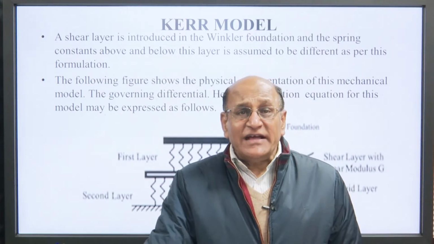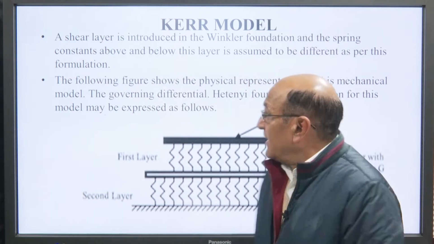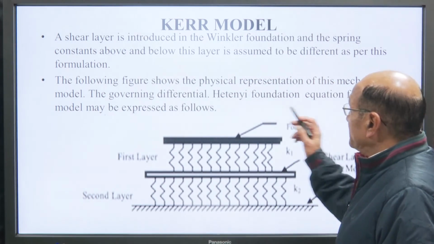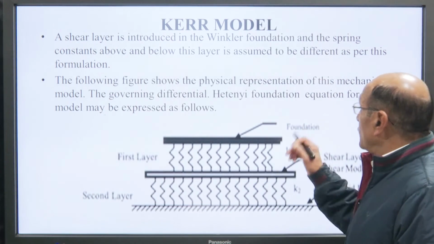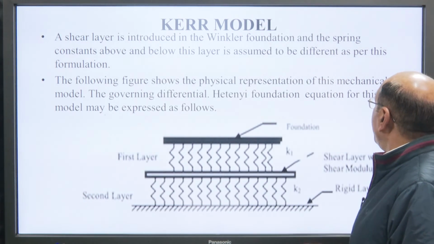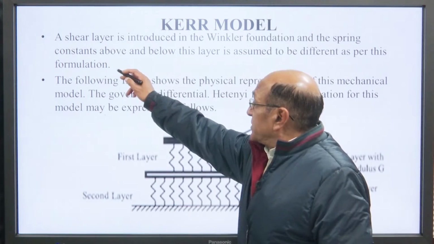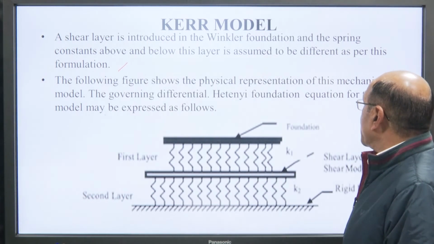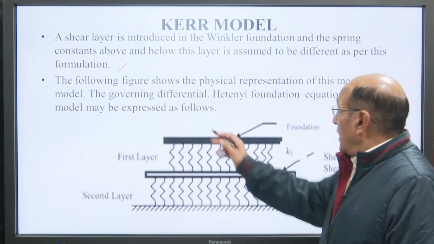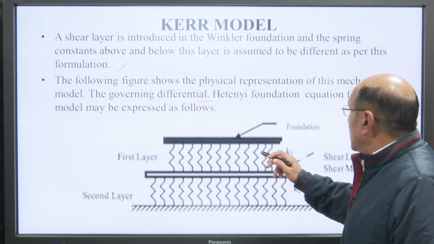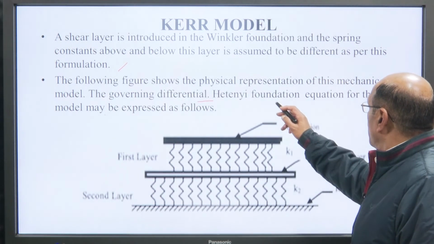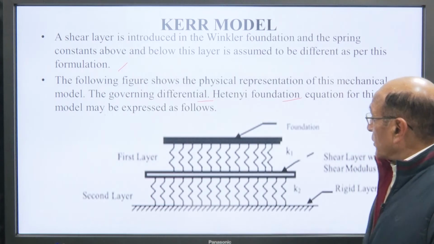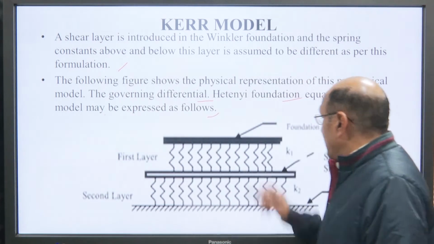Then the next model is the Kerr model. In the Kerr model, the shear layer is introduced with the Winkler foundation, and the spring constant above and below this layer is assumed to be different as per this formulation. The following figure shows the physical representation of this mechanical model, and the governing differential equation for this model can be expressed as follows.